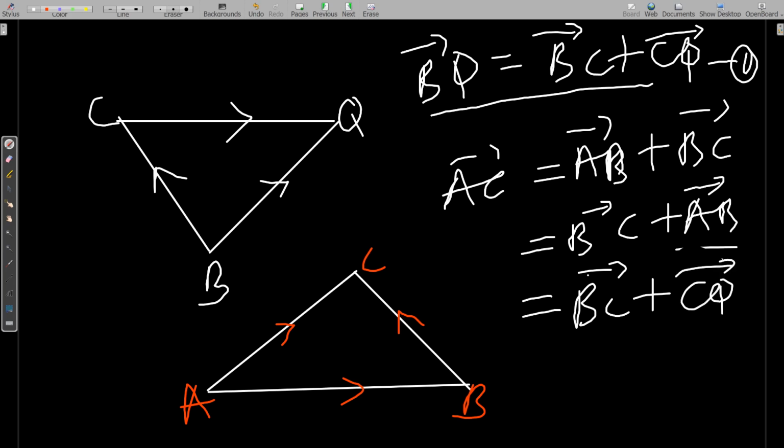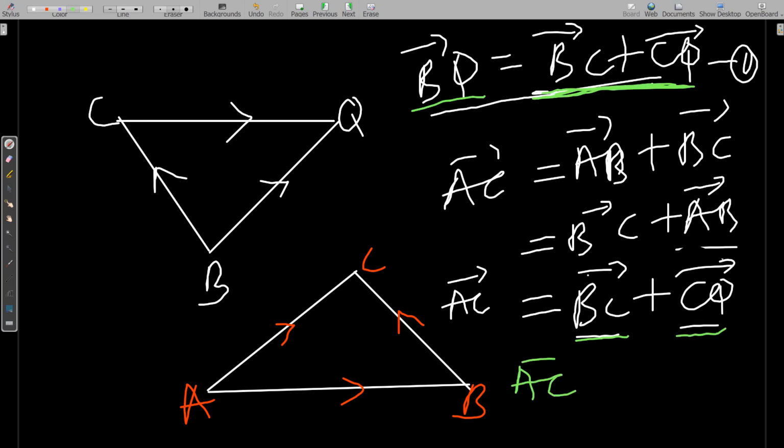So now with this particular one, this is my AC, from this diagram and from the relation we did first. Now, BC plus CQ has already been said to be equal to BQ, from the first equation. And then AC is also the same as BC plus CQ.